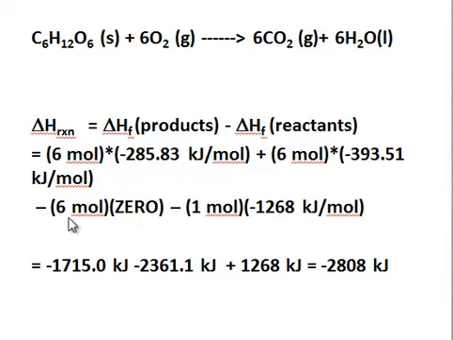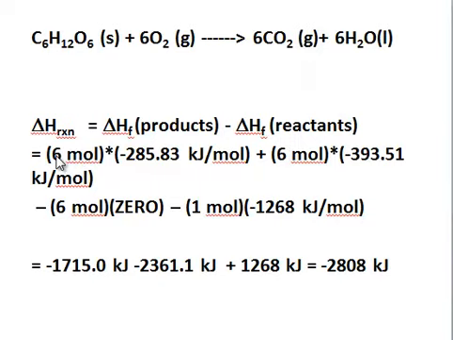That's 6 oxygen, so we subtract 6 moles times a 0 again because oxygen is an element. And then for the sugar, we subtract 1 mole, because there's 1 mole in the balanced equation, times negative 1268 kilojoules per mole. I've separated them now, the products, and down here minus the reactants.